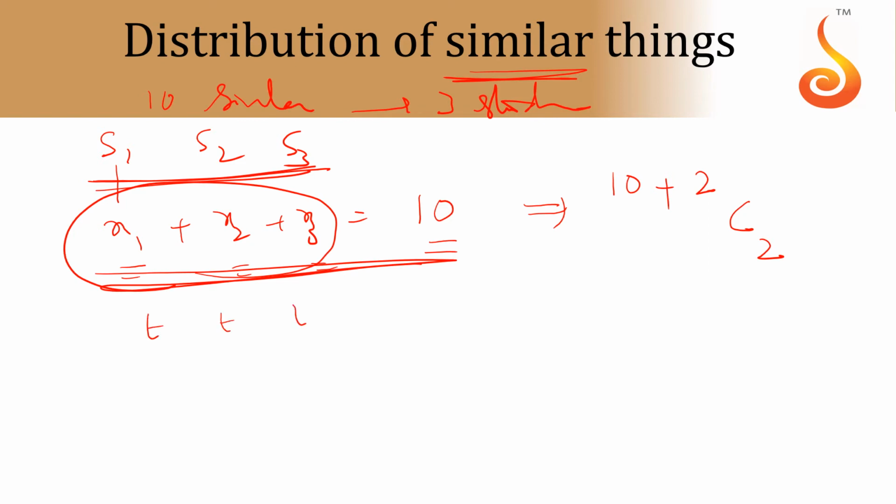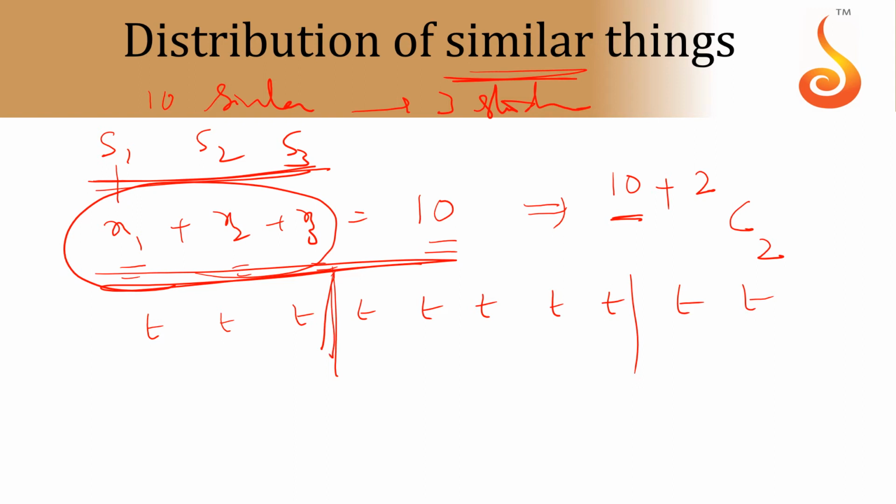Assume T's like this: 1, 2, 3, 4, 5, 6, 7, 8, 9, 10. Now divide them into 3 groups. When you want to divide into 3 groups, you can insert 2 sticks. So if I insert 2 sticks like this, they divide into 3 groups. So that's why there are 10 T's and 2 sticks.